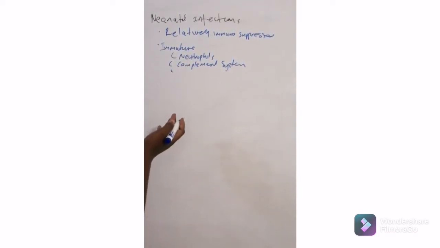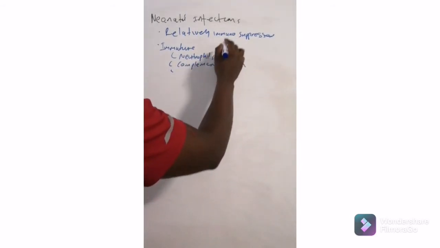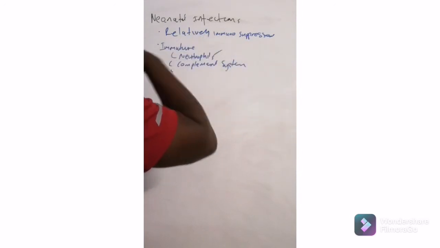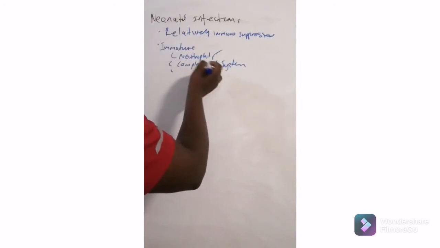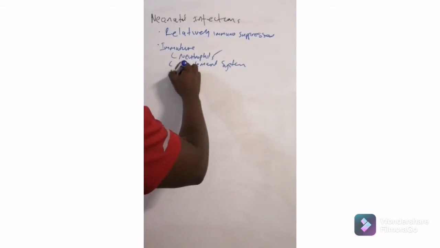So because neutrophils are immature, they cannot perform that function, just like immature macrophages. Let me say macrophages.